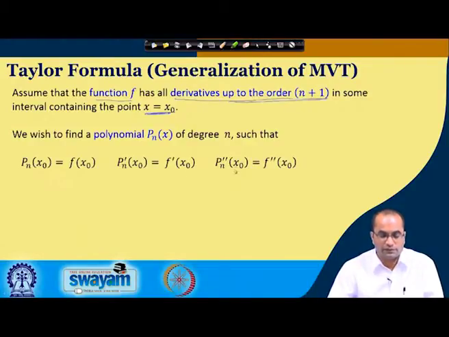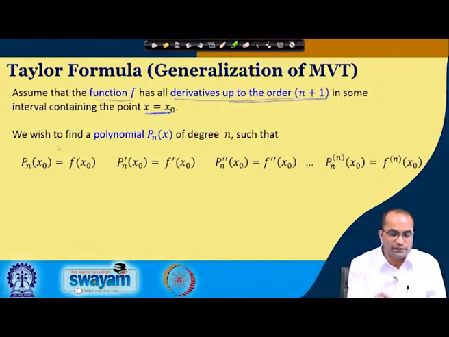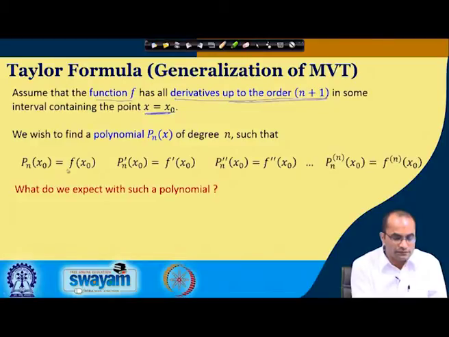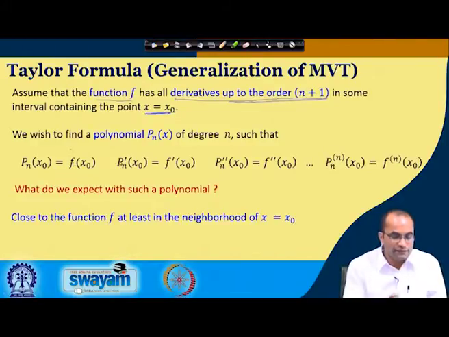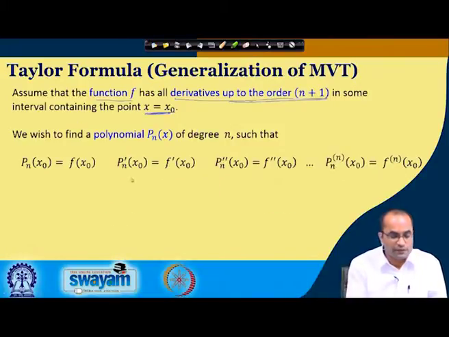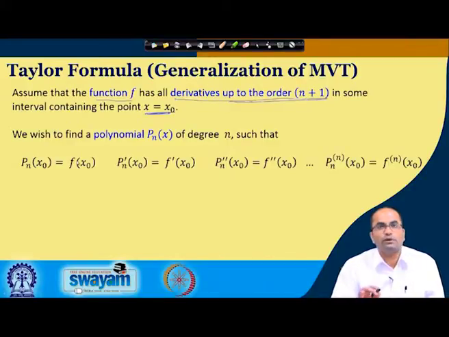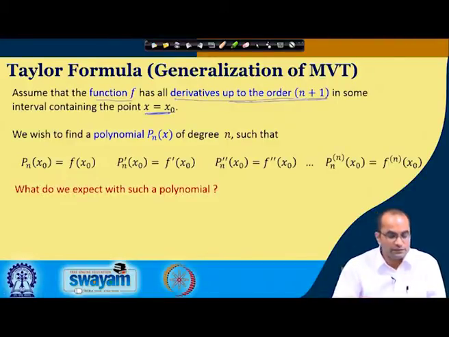The third condition, the second derivative of this polynomial at the point x 0 is equal to the second derivative of the function at x 0, and so on. So, what we assumed basically is that the function value itself, the first derivative, the second derivative and the nth derivative all are equal to the respective derivatives of the polynomial. So, having these conditions, what do we expect from such a polynomial?